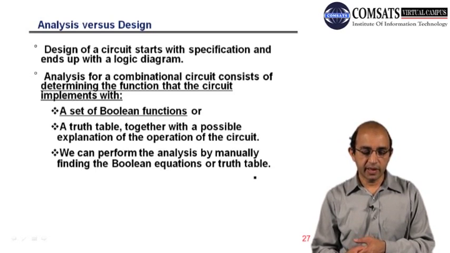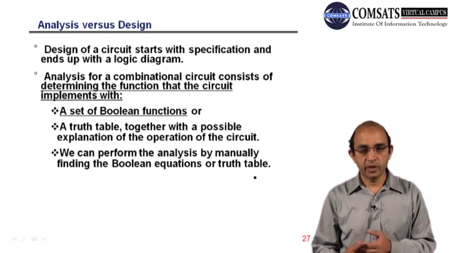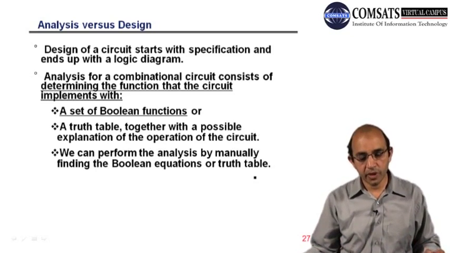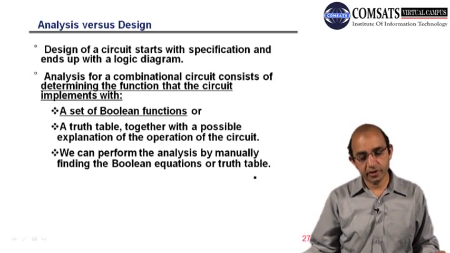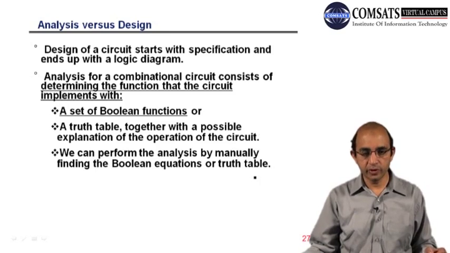But in the analysis, you normally determine the function, and then you have different choices. You can go for the Boolean expression, or you can go for the truth table.